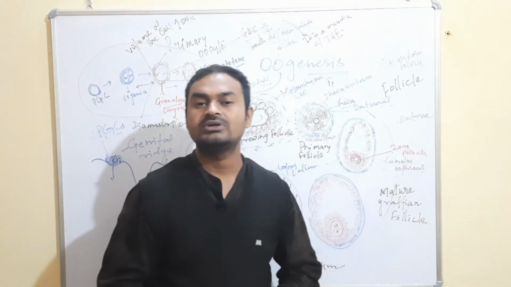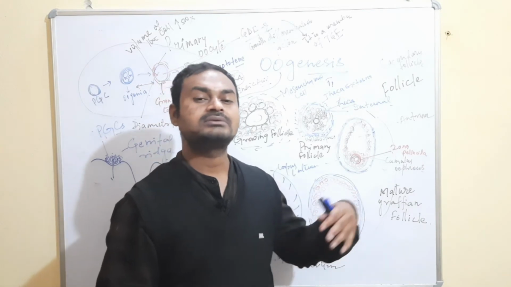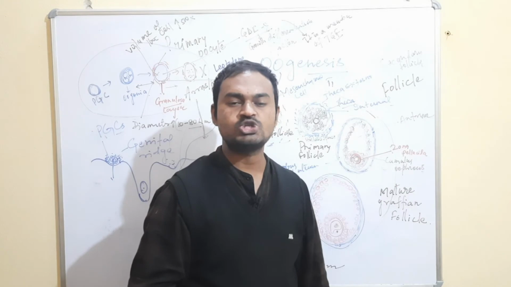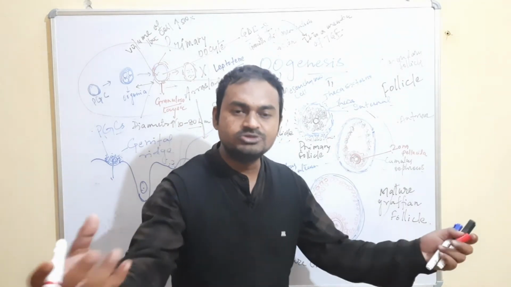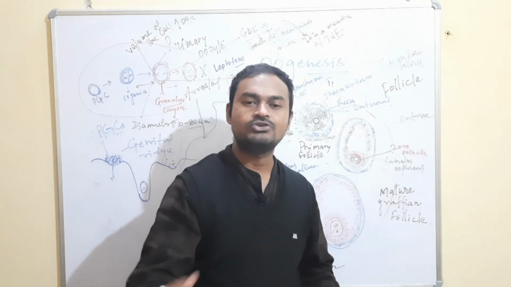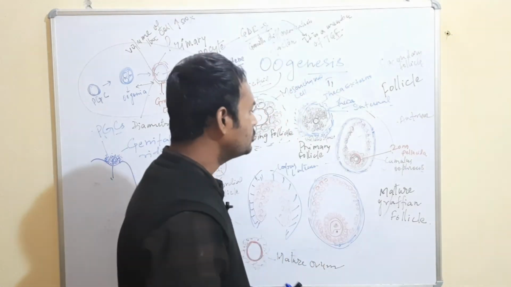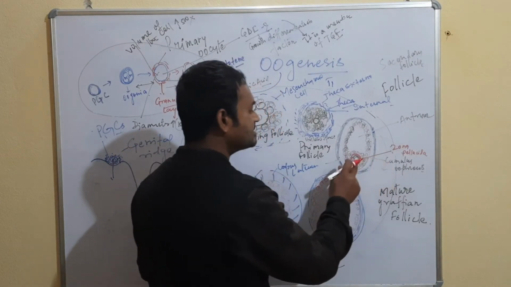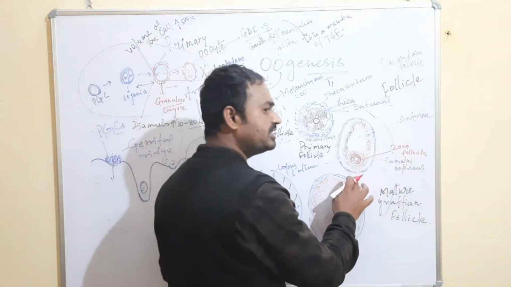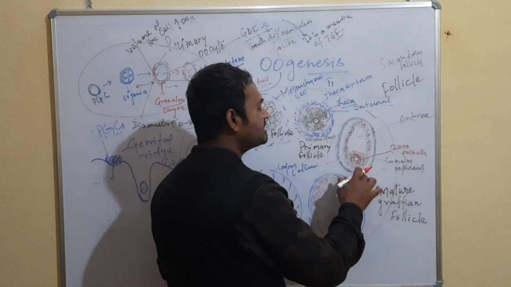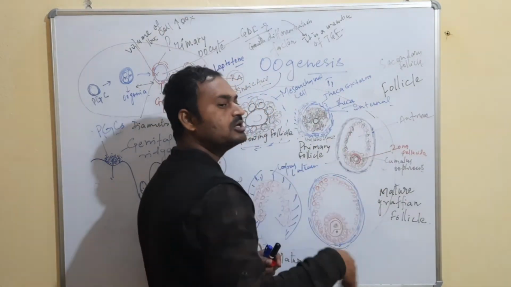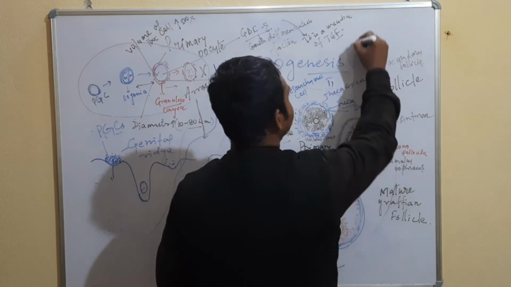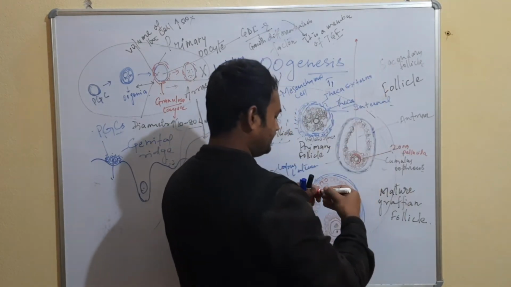It also starts to transcribe another factor which is responsible for bringing about the formation of blood vessels towards it. So what are those factors, and what are those proteins which the primary oocyte starts to transcribe?